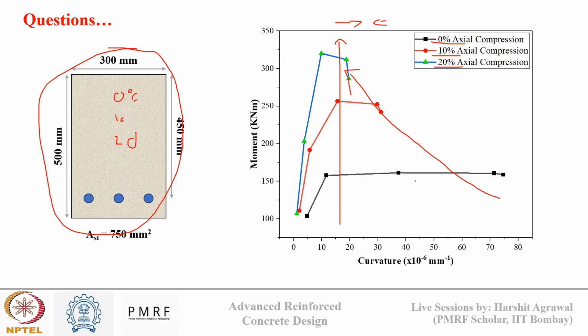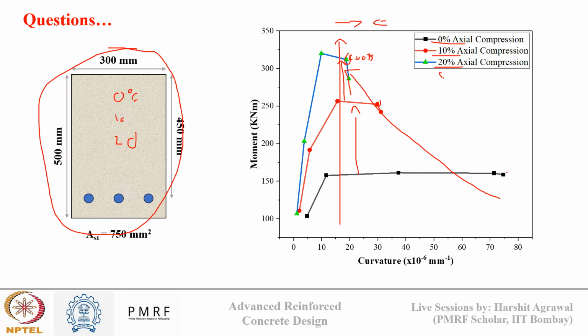It is making the concrete able to handle more resistance against bending moment. Okay, so from 0 to 10% there was a drastic increase, from 10 to 20 there was a less significant increase. Maybe if we go from 20 to 50%, we may not see much change in the profile. And one more point you can see: these were the points where the concrete reaches the ultimate strain of 0.0035, so the second last point.